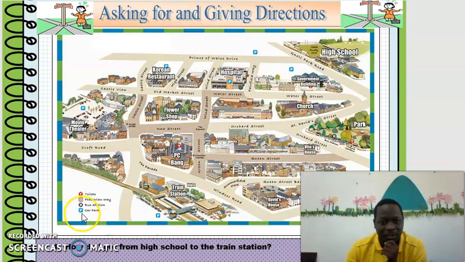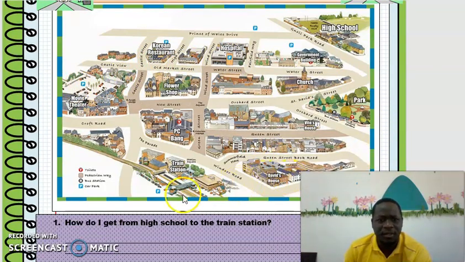And when you see the blue P, it means car parking. We have one, two, three, four, five, and six. These are our car parkings around this town. And then these are our main streets, and we have the names here.